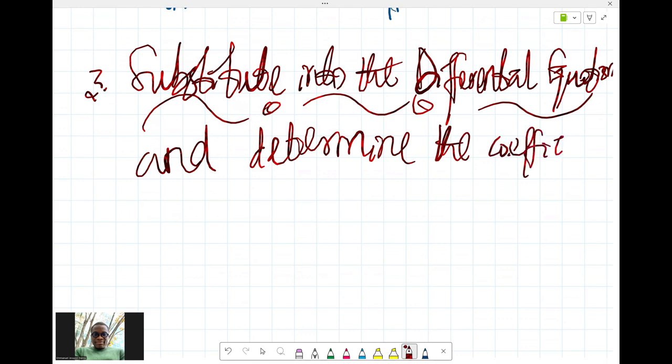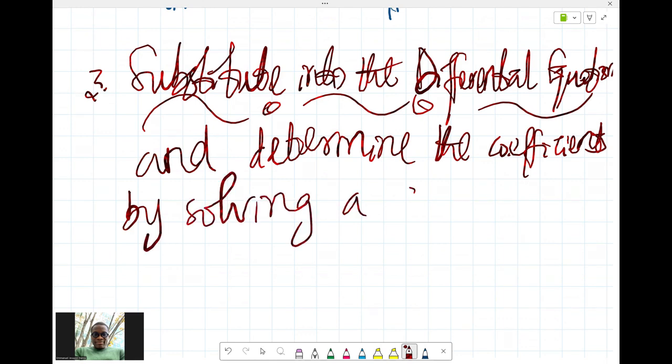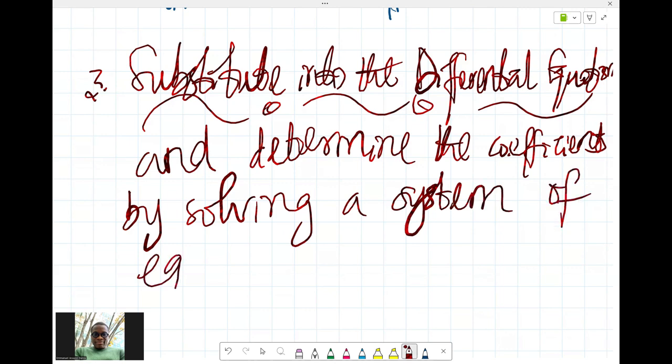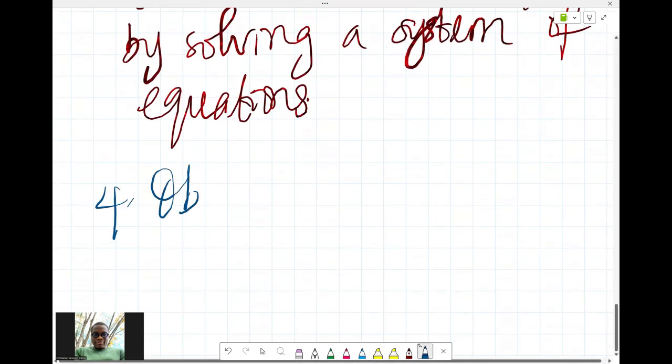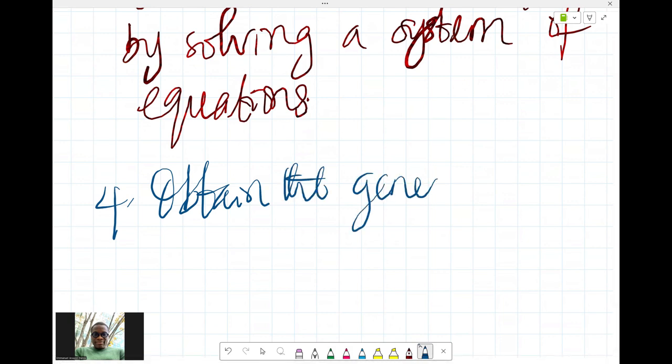Those undetermined coefficients, you now determine them here, by solving a system of equations. And step four, you obtain the general solution.